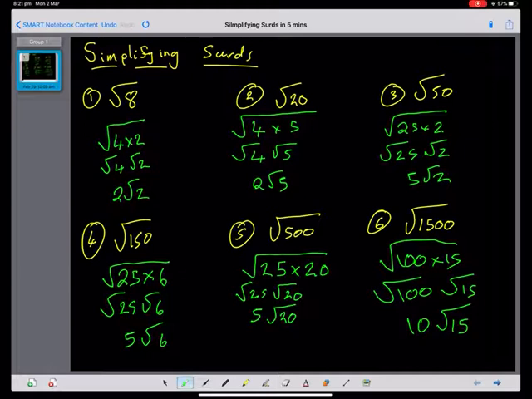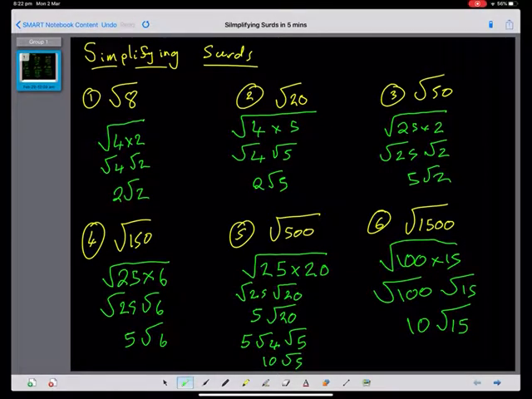We can simplify 20 to root 4 root 5, and the square root of 4 is 2, so we get 10 root 5.